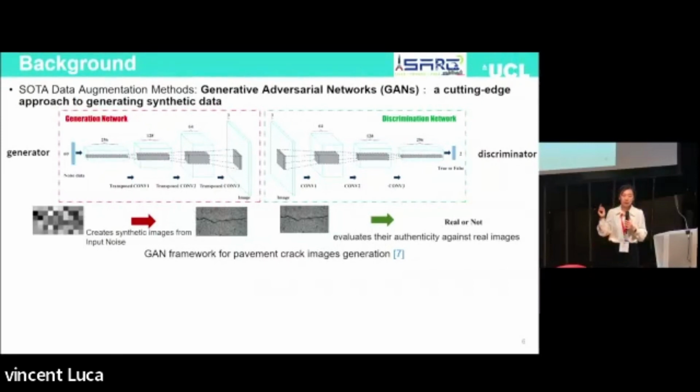Maybe some researchers already know GAN has two networks: one is the generation network, one is the discrimination network, called the generator and the discriminator. In the generator, we input noise data, so we can create synthetic images from noise. And the discriminator helps us evaluate the authenticity against the raw images, so we can know whether the image is real or not.